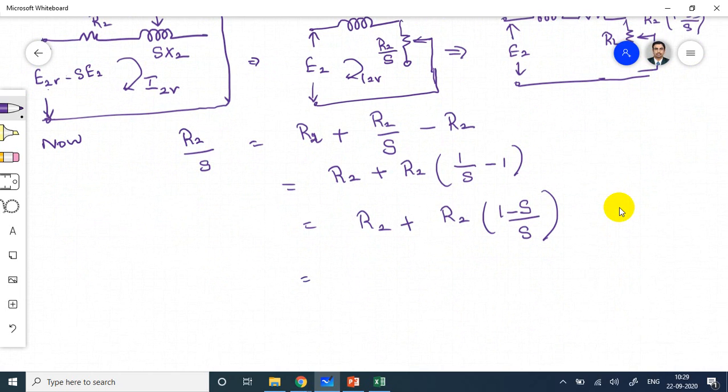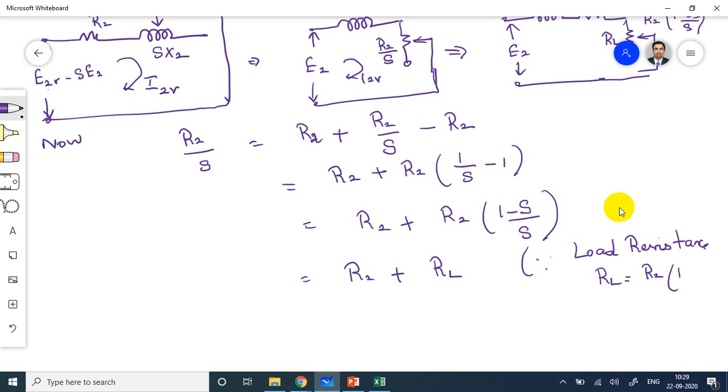So R2 plus RL. Load resistance means we can use any type of loads, that is a refrigerator or TV or whatever it may be. Load resistance symbol is RL, R2 into (1 minus S) by S.